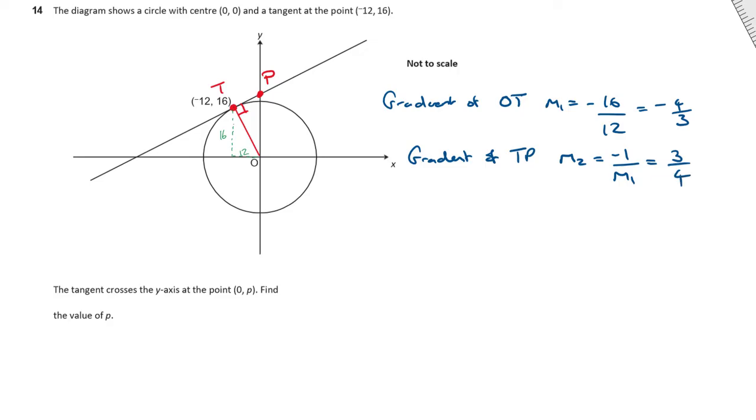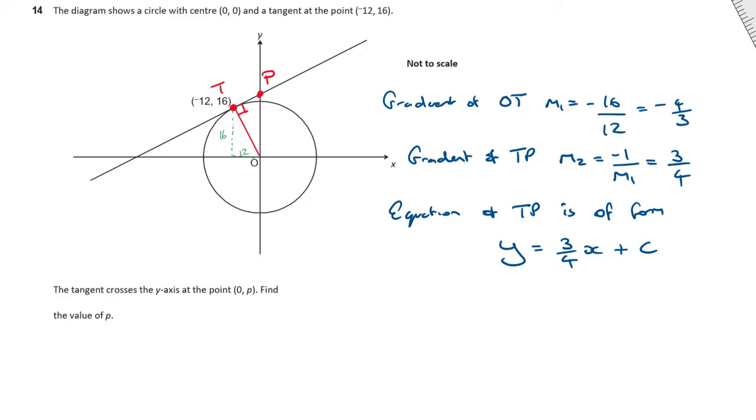So the gradient of my tangent is 3/4. Now we are on a roll because we know the gradient of the tangent and we know a point it passes through, so we're good to go. So we can say the equation of TP is of the form y equals 3/4 x plus c, where c is the y-intercept.